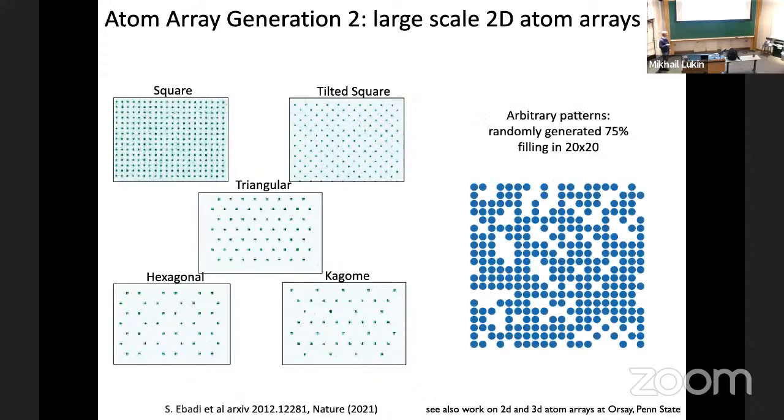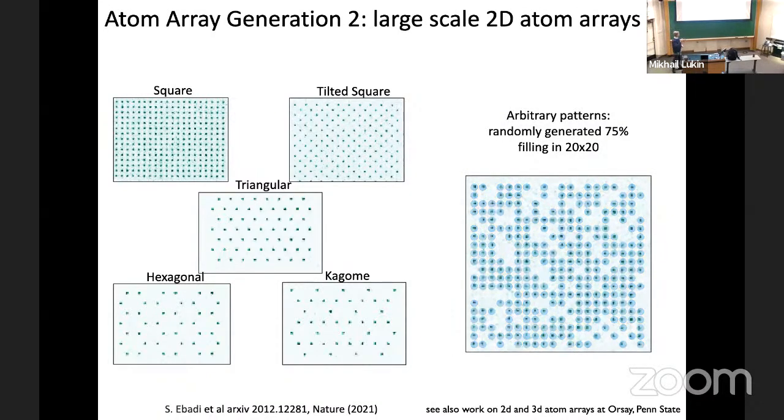So to just start, we can create all of these different configurations of atoms, and we can also create arbitrary patterns. For example, suppose you would like to have a pattern like this. You just program it, press a button, and here comes the atom array. You have to wait for good things. So here it is.